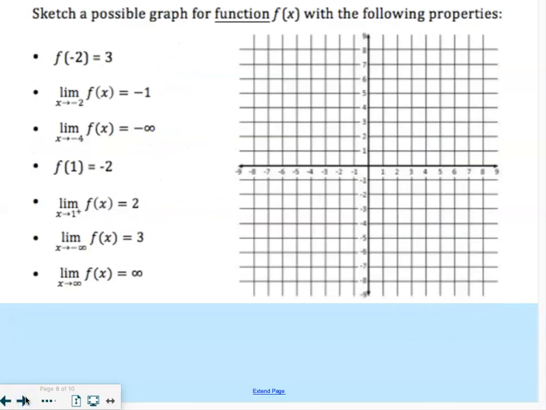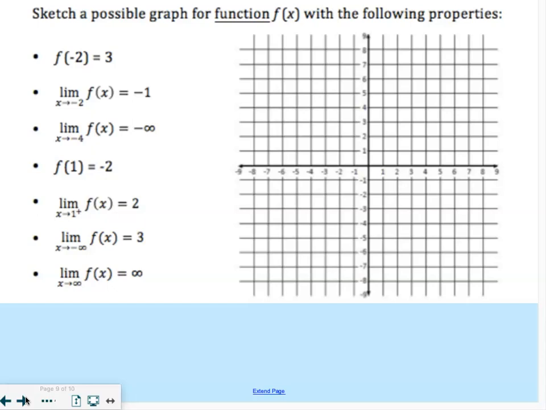So, last problem of the day. I want this on paper, not whiteboards. I want you to see if you can draw a function that fits all 7 of these requirements. You did this a little bit yesterday. Now we're going to do it for real, a good big one. A few hints.